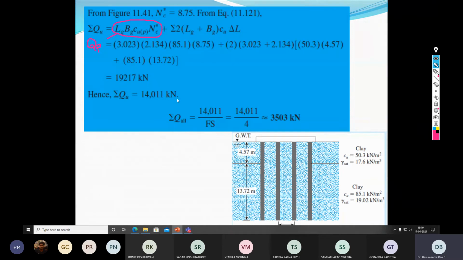This is the ultimate bearing capacity of the pile group. If you want the allowable capacity, Q allowable is 14011 divided by the factor of safety, which gives approximately 3503 kilonewton.